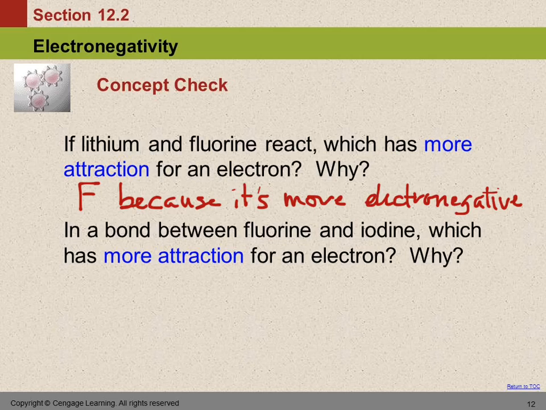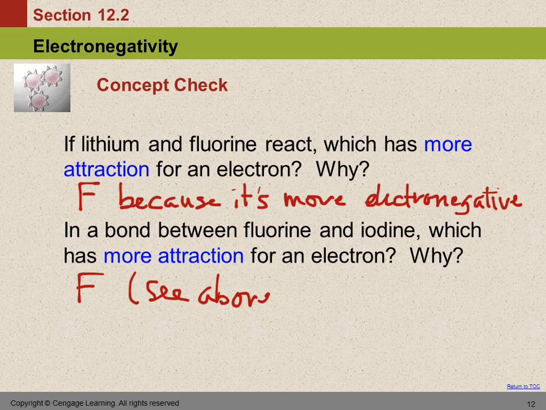So if we are looking at fluorine and iodine in a bond, which has more attraction for an electron? I know. Yeah, devil's advocate over there. It's going to be the fluorine. Why? Because it's more electronegative.